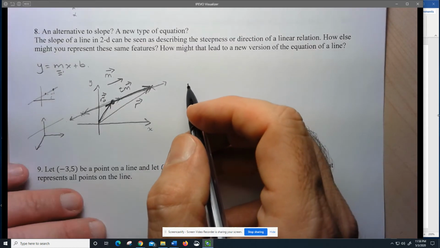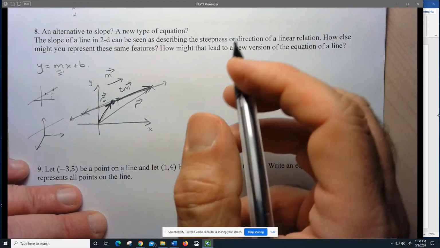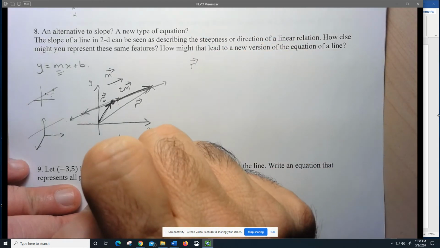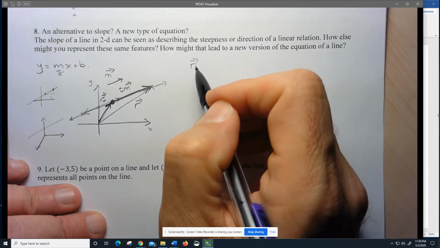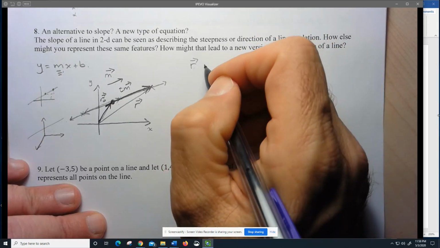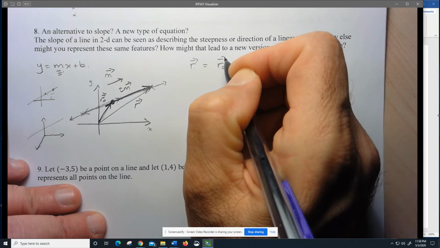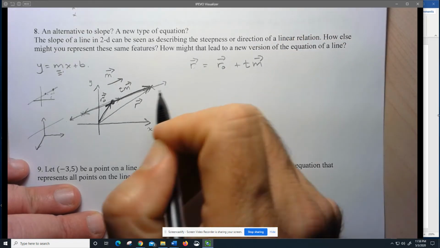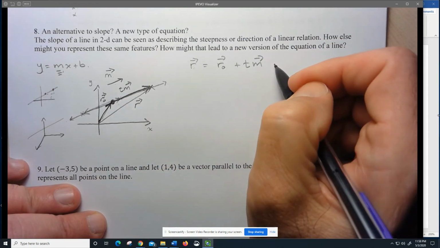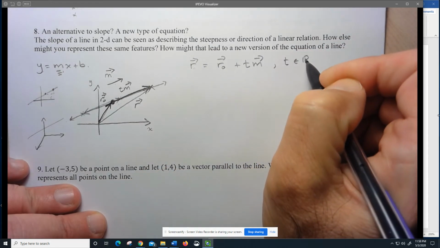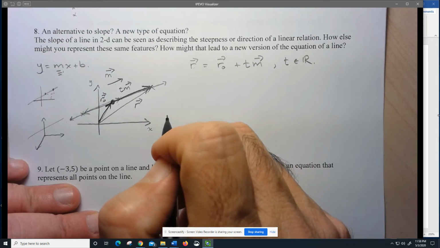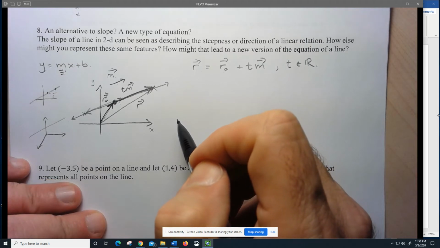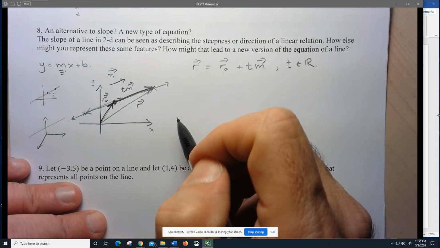So the new type of equation for the line in 2D is: R, the vector to a general point on the line, is equal to R naught, the vector to the known point, plus t times my direction vector, exactly what I did in my diagram here. And t can take on any real number. Now we sometimes write this by explicitly giving the components.